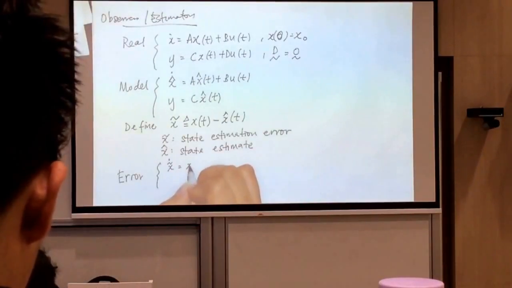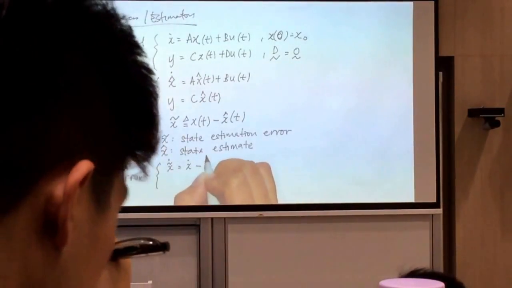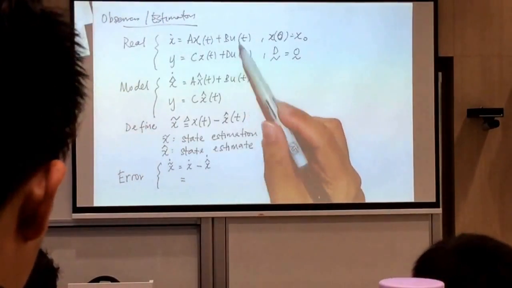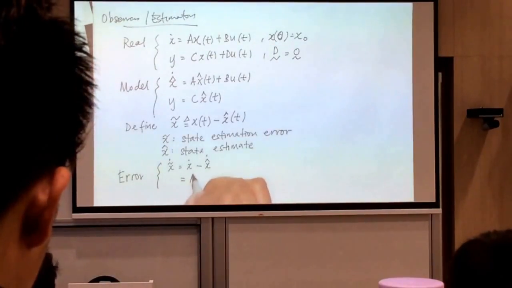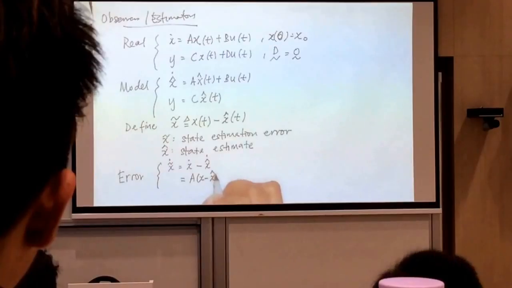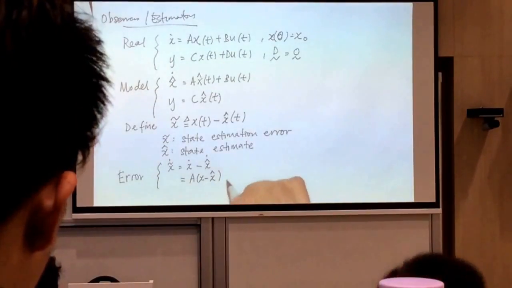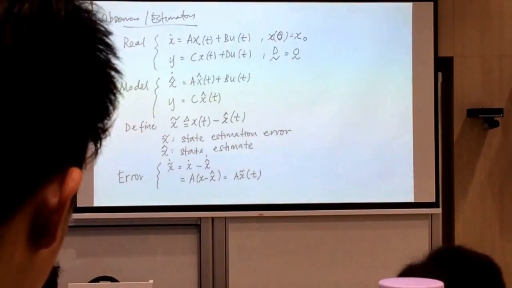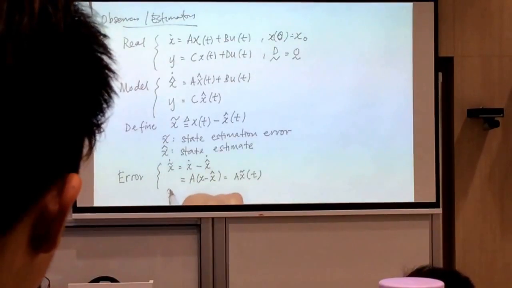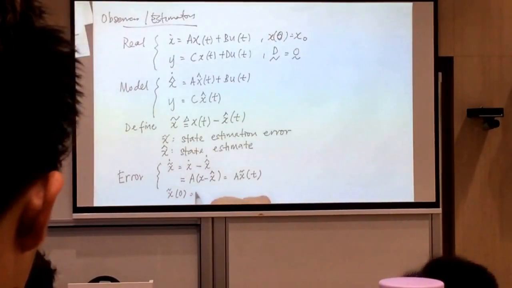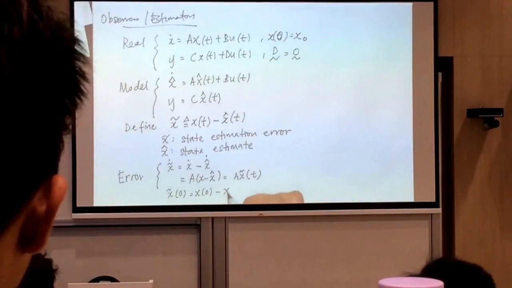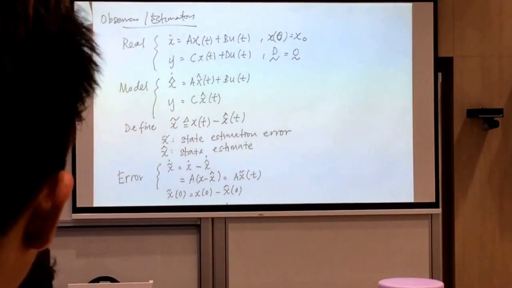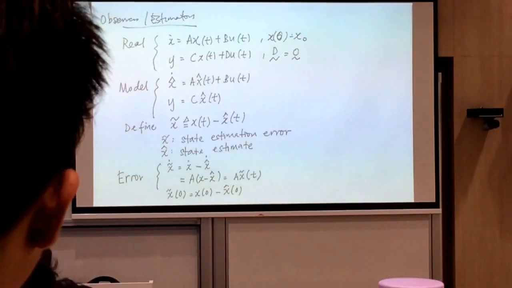X tilde dot is x dot minus x hat dot, which gives A times x minus x hat, and this is just A x tilde of t. Initial conditions: x tilde 0 is x0 minus x hat 0. So if your initial conditions for the real system and the estimate are the same, x tilde 0 is 0.